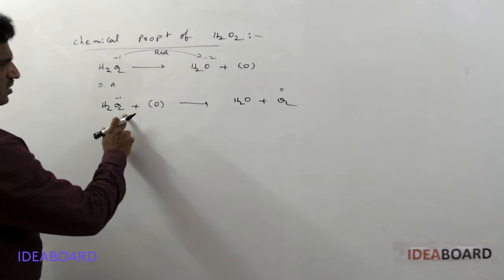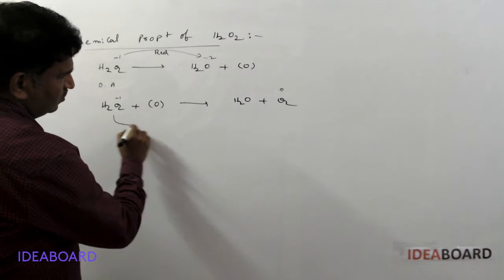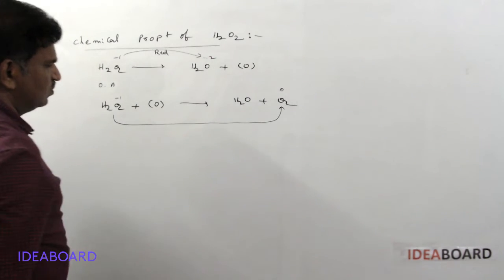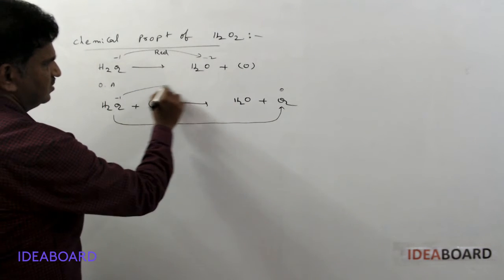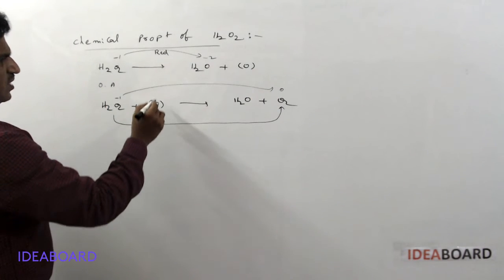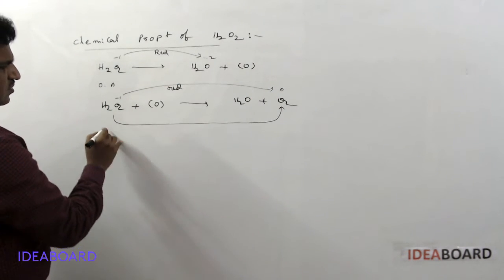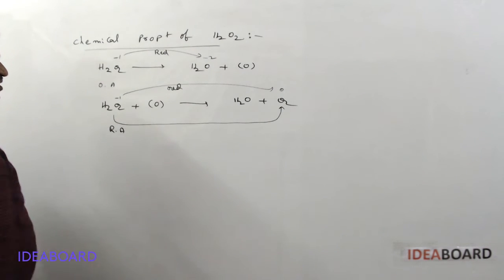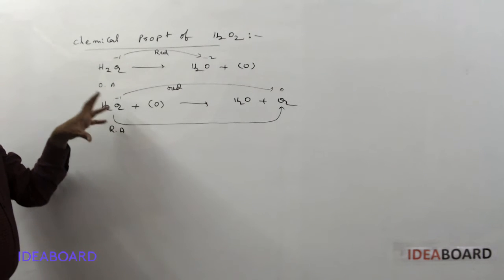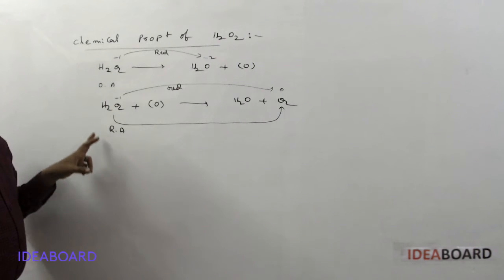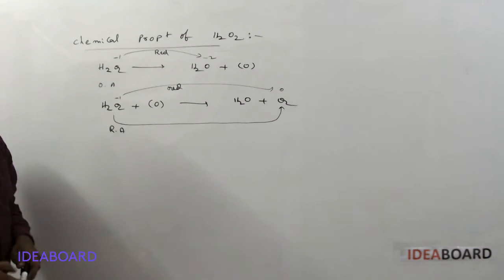Mainly H2O2 releases O2, and -1 to 0 is an oxidation process. So this acts as a reducing agent. So these are the main reactions occurring, as an oxidizing agent and as a reducing agent.